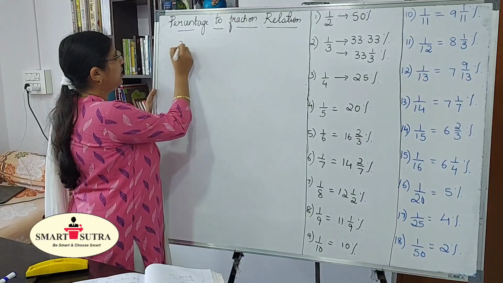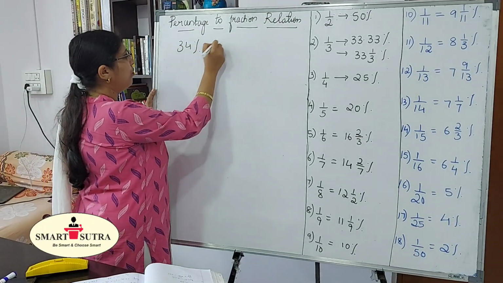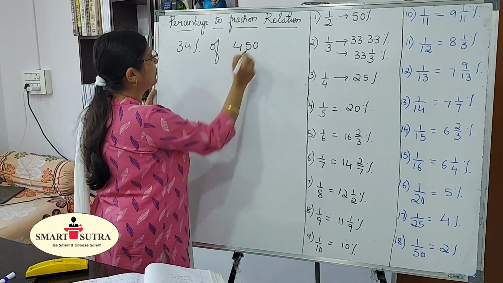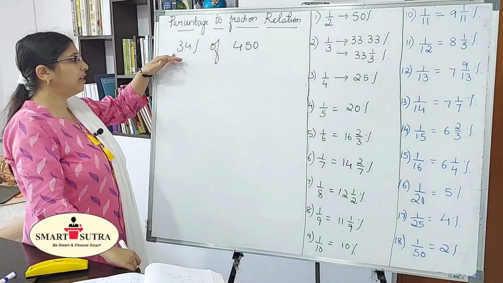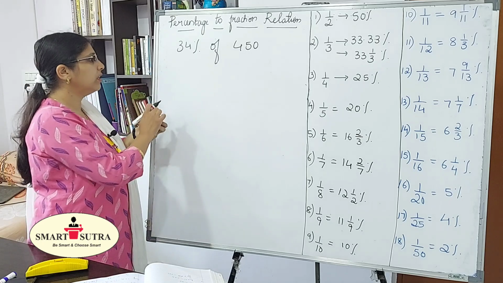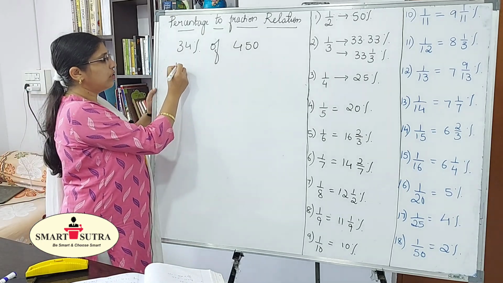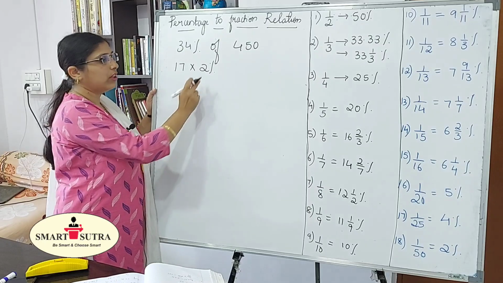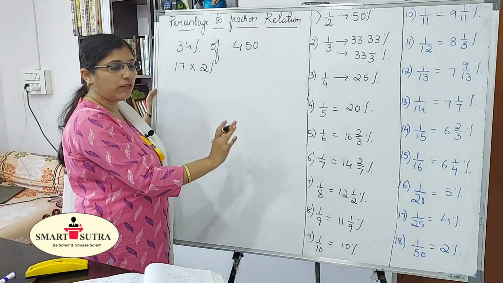Next, 34% of 450. Now, first see, it is a multiple of what? It can be a multiple of 2. Yes, 17 twos are 34, so it is 17 times of 2%. Now, 2% means we know it is 1 by 50.